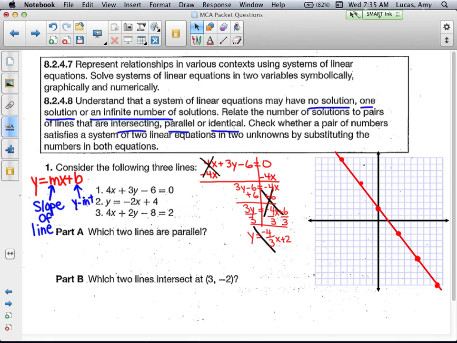Okay, so my second line, I can graph my second line in green. It starts out at 4. And then the slope is -2, so it goes down 2/1. So here's my second line. So you can see that these two lines intersect.